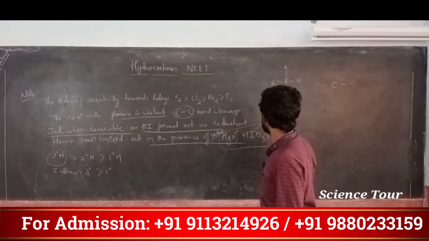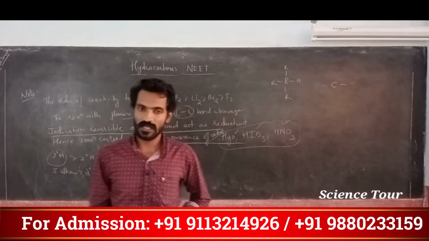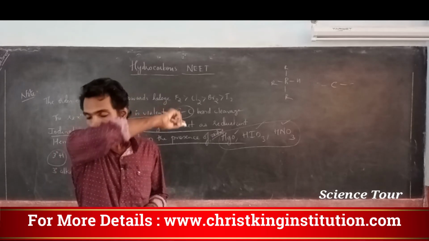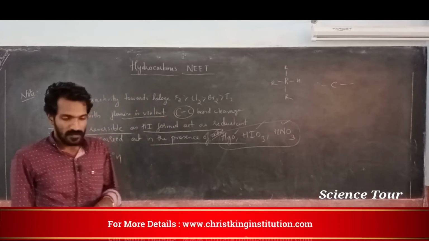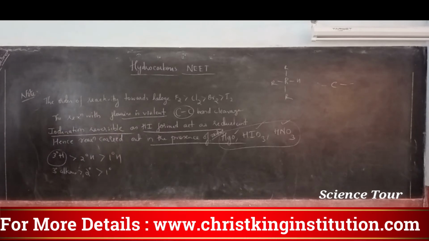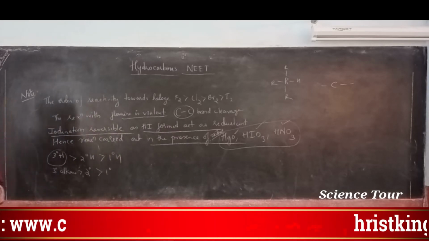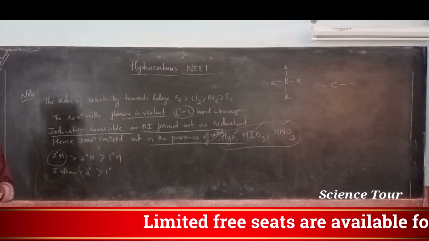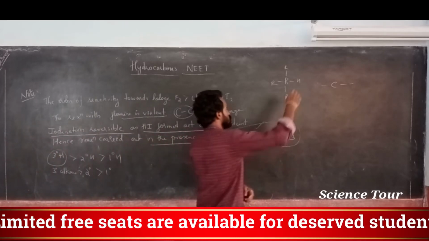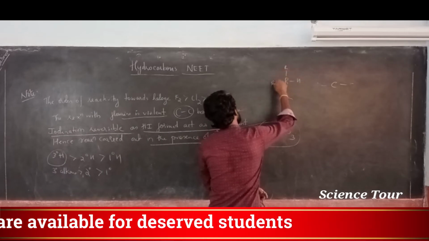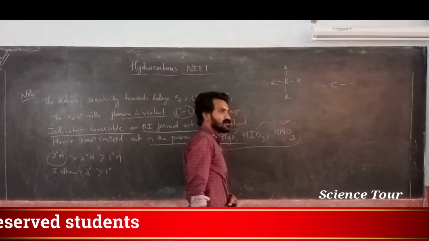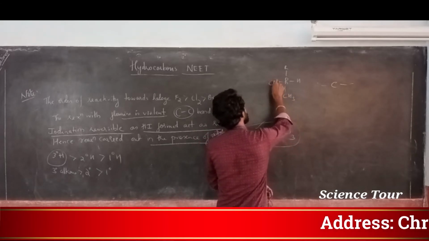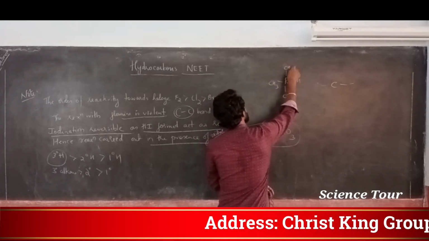Okay. Tertiary, secondary, like that. The carbon is attached to 3 different alkyl groups, 3 different carbons. The central carbon, hydrogen-attached carbon, is attached to 3 different carbons. So here I will write CH3, CH3, CH3, CH.